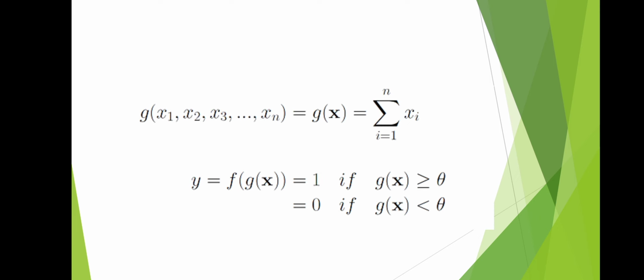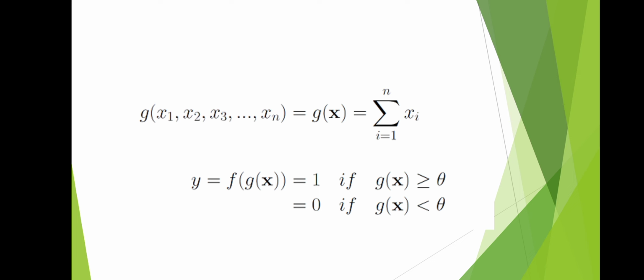The activation function of the MP neuron: first calculate the sum of the multiple of inputs and their respective weights, which means calculating the weighted sum.